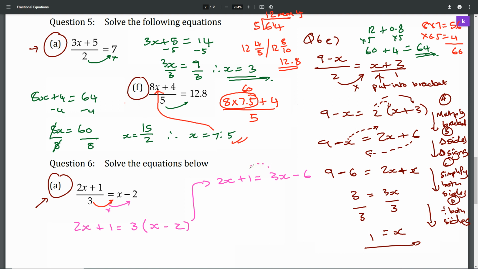And so now I'm going to subtract 3x on the left-hand side, and I'm going to subtract 1 on the right-hand side. 2x minus 3x is negative x, and negative 1 minus 6 is negative 7. And so x equals 7. And if I put 7 in here, I'll get 14 plus 1, which is 15 divided by 3, which will get me to 5. I put 7 in here, 7 minus 2 is 5, and it's equal. So that looks correct as well.